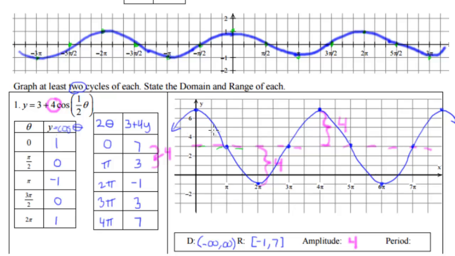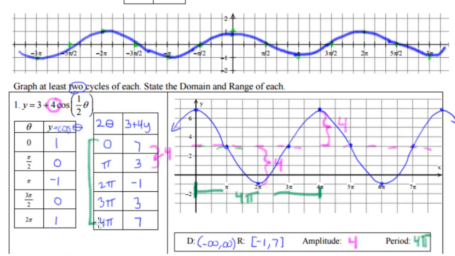Now the period is the length of one cycle. So if you start here at 0 at a maximum and go to the next maximum, that length is the period, which is 4 pi. You can also see the period here.